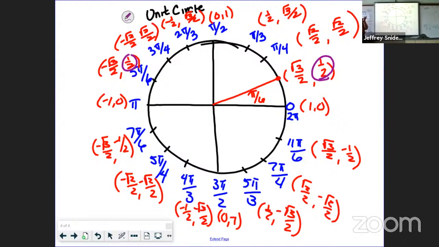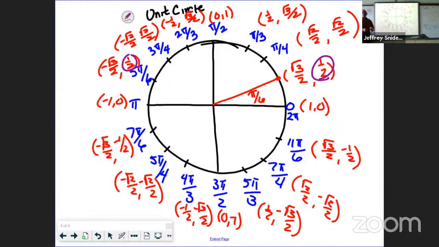So, when will this particular point repeat again? Give me an angle that you know has the exact same sine value as pi over 6. Give me an angle that you know must have the exact same sine as pi over 6.